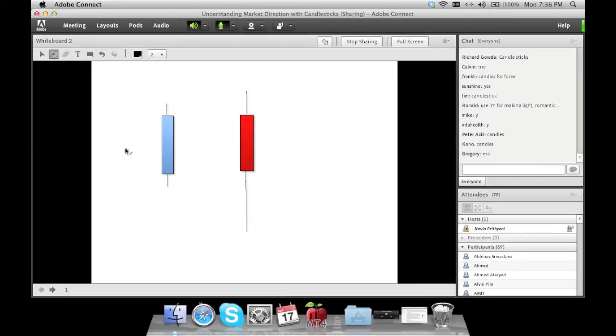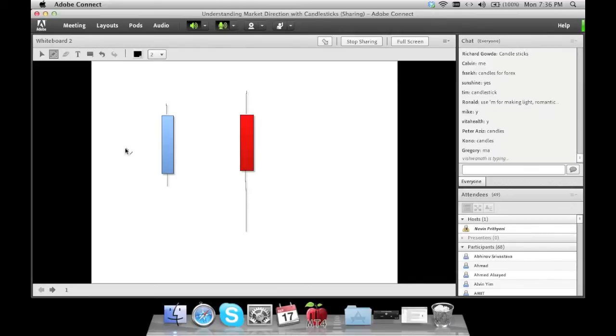Okay, so can everyone see the things drawn on my screen on the whiteboard, the blue and red candle? Going with the very basics, now when the candle opens up, what does the blue candle represent? A uptrend or a bullish candle or a long.